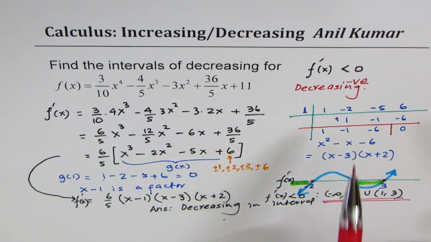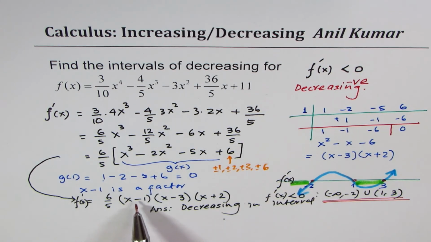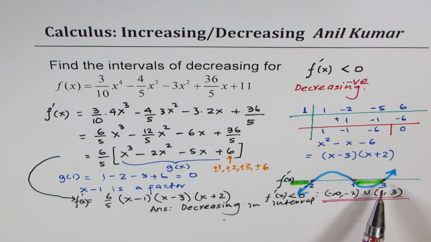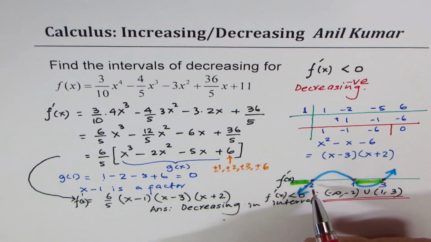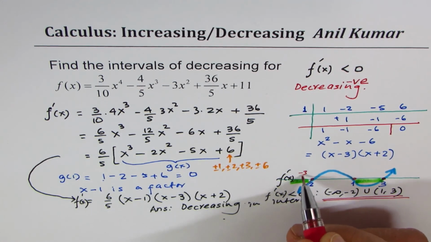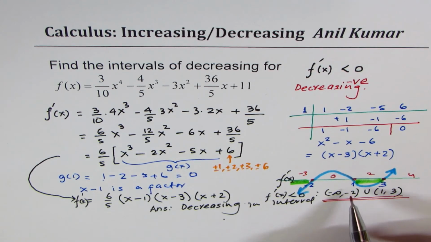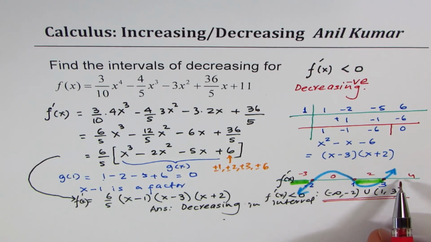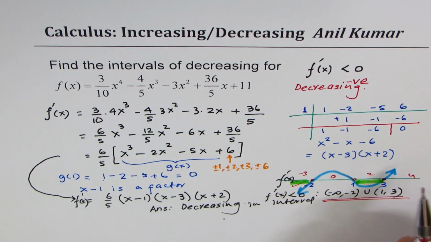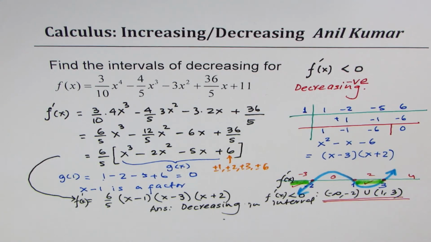If some of you haven't done synthetic division, you could do long division at this stage, right? And sketching is always the best way. Otherwise, you could test in different intervals, taking test points as -3, 0, 2 and 4. In whichever interval it is negative, that is your result, and you'll find these two as the intervals.